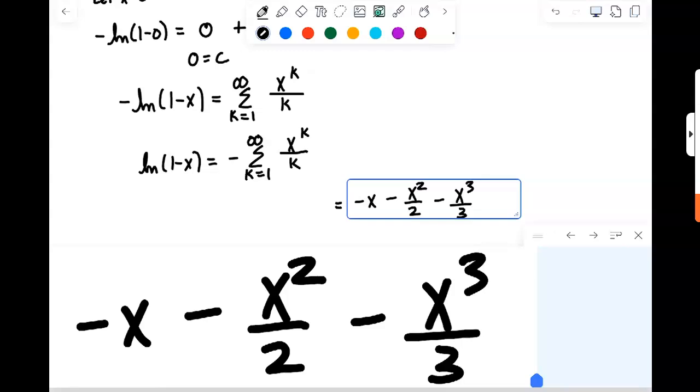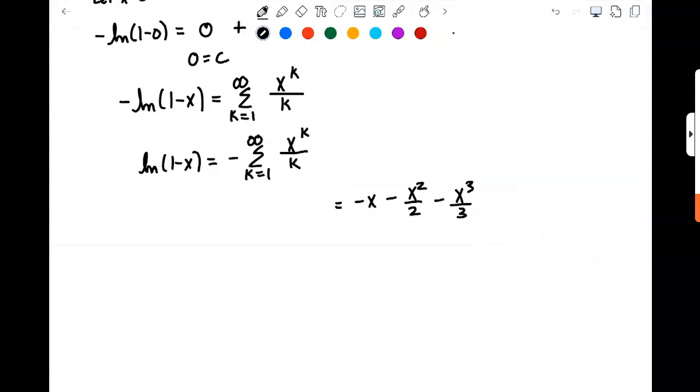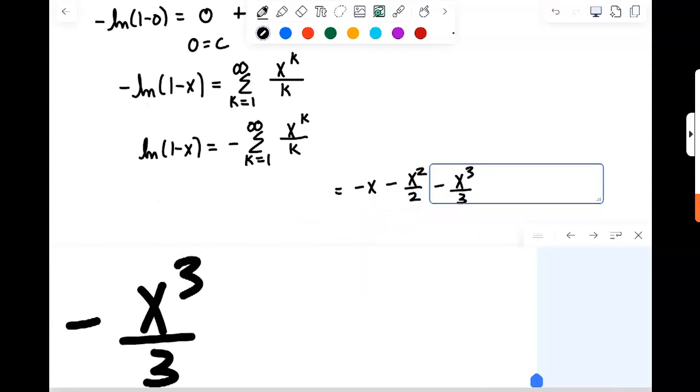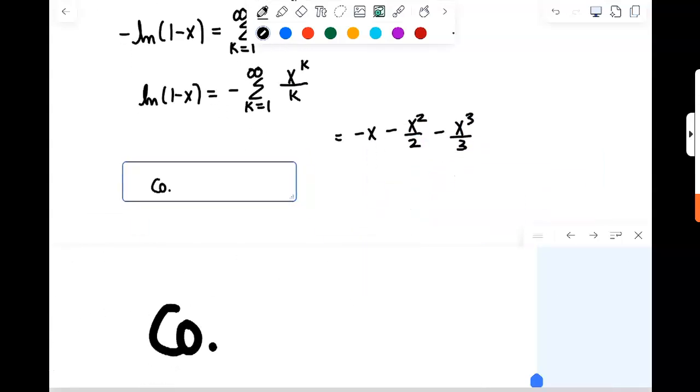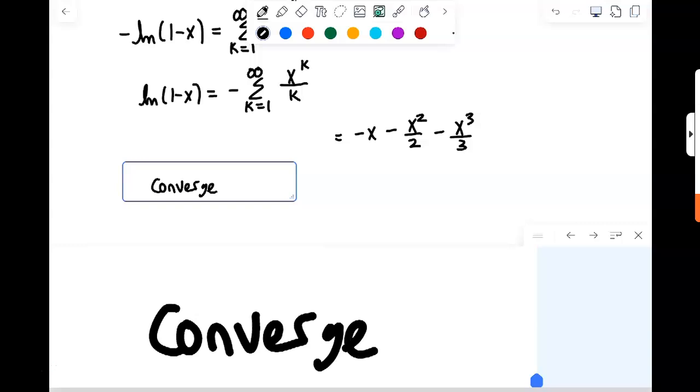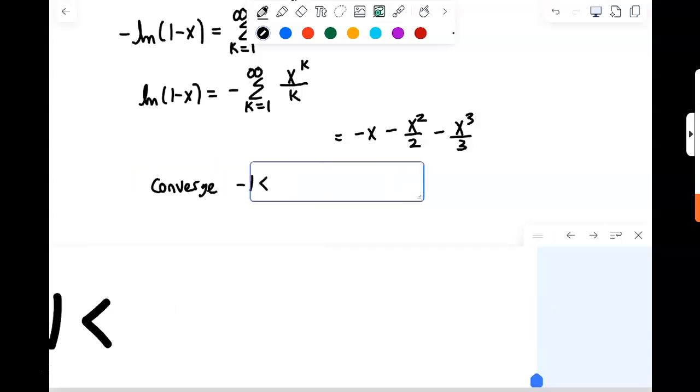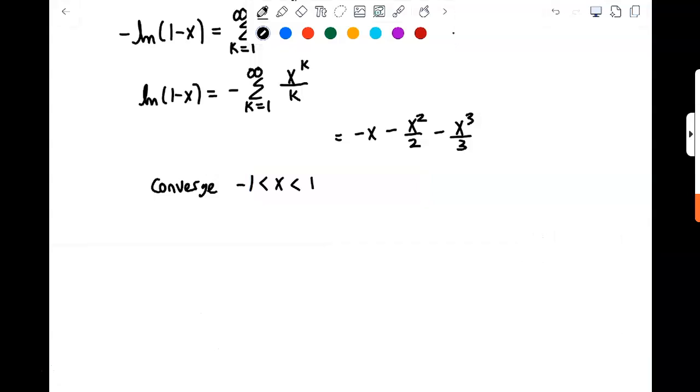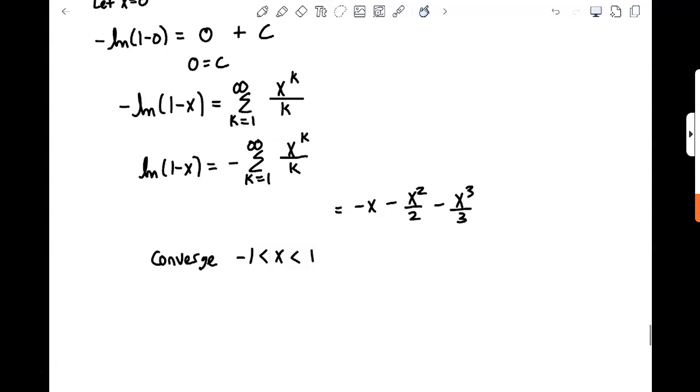One quick thing, again, we know that this will converge on the interval minus 1 to 1. So an interesting thing happens here.